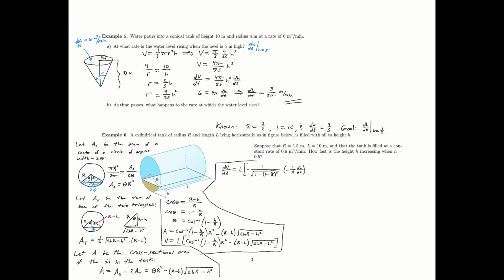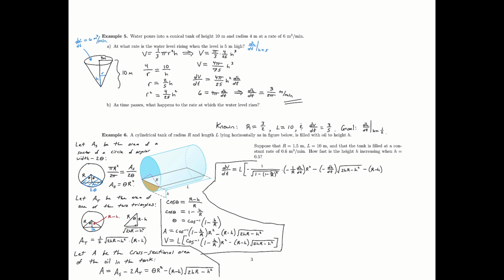With that, we've got another r squared. That's a constant, so that just stays there. Minus, now we do have a product rule because this has an h and this has an h. So derivative of the first would be negative 1 times dh/dt, so negative dh/dt, times the second, left alone, the square root of 2hr minus h squared, plus the first term, so plus negative r minus h, times, remember that we can always treat this as just parentheses to the 1/2.